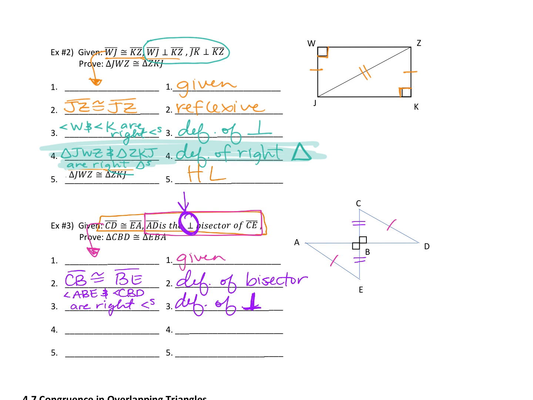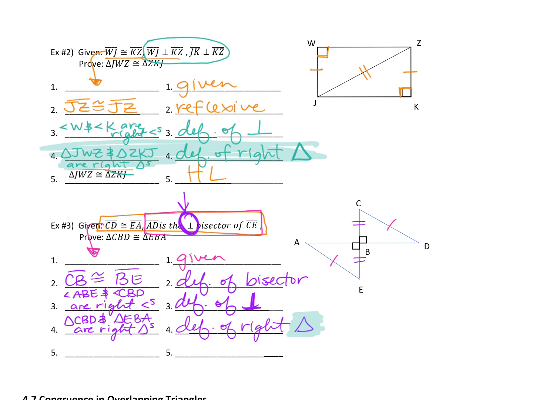Okay, so we know they're right angles, but what do we have to know to be able to prove by HL? They're right triangles. So we're going to say triangle CBD and triangle EBA are right triangles. And how do we know that? That is the definition of a right triangle, that it has right angles in it. Okay? Make sure that this is a triangle and not an angle.